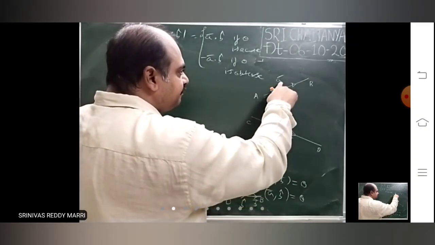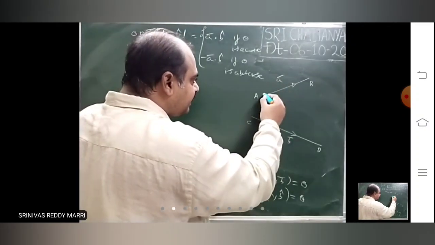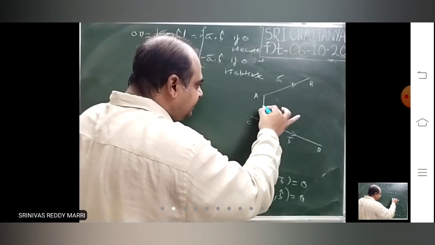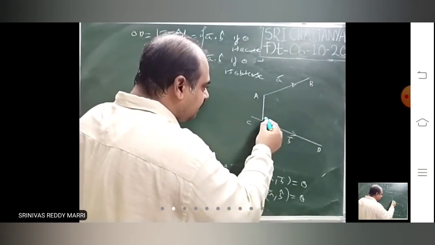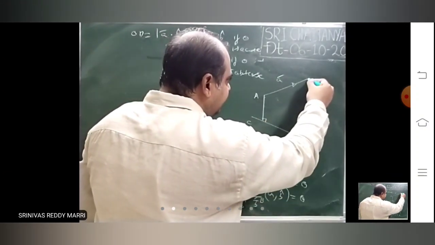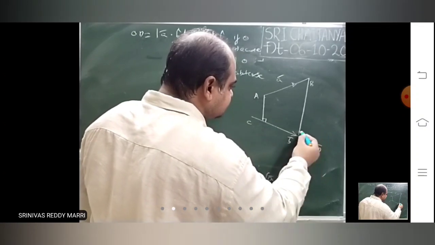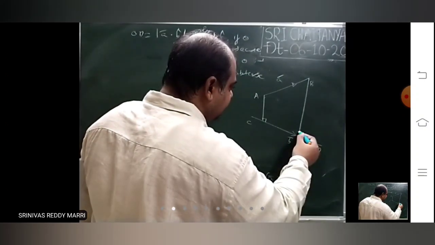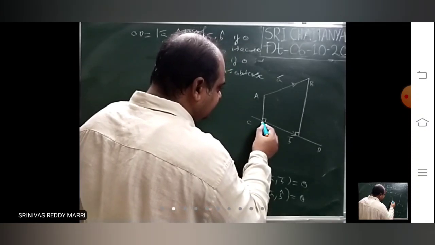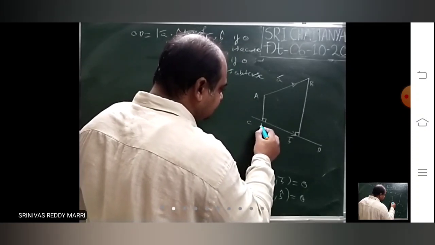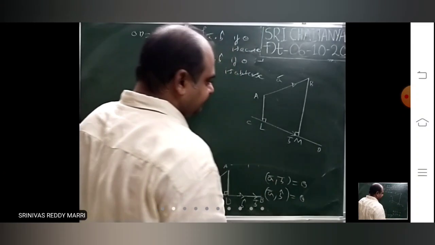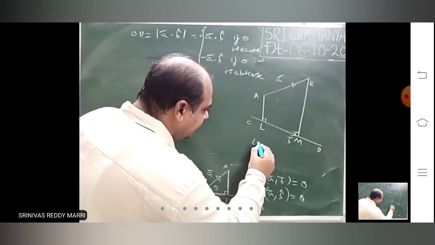In that case, projection of A bar on B bar means from this point drop a perpendicular on this, and from this point drop a perpendicular on this. Let us call the points L, M.